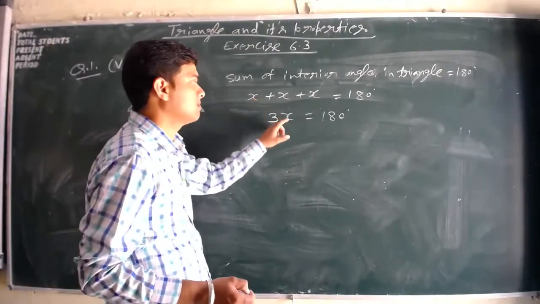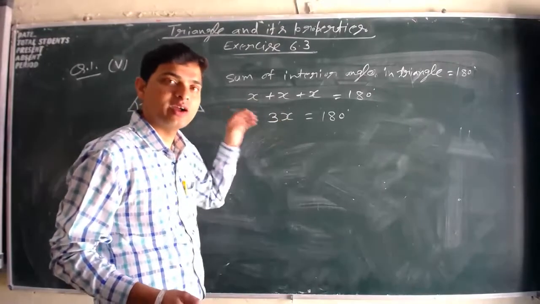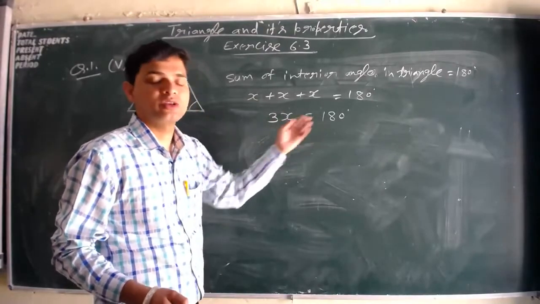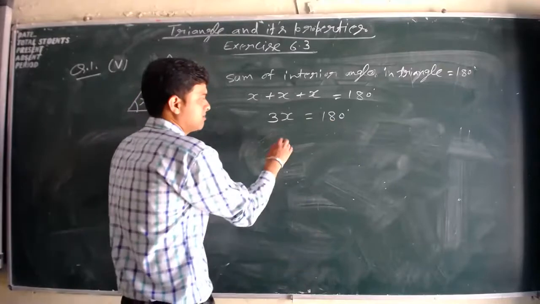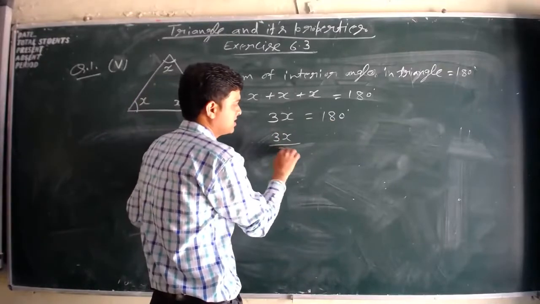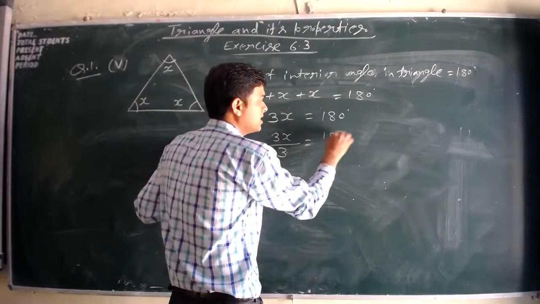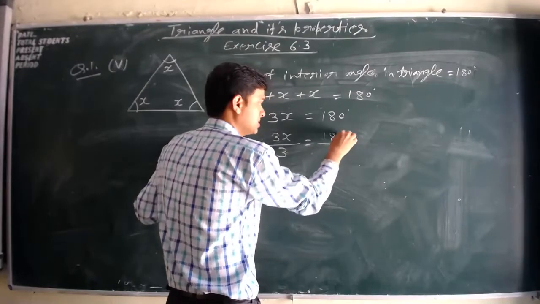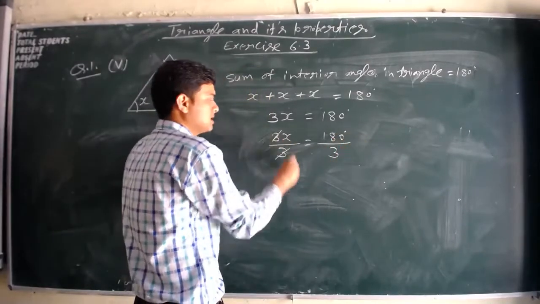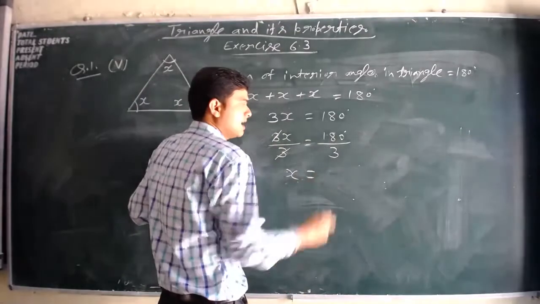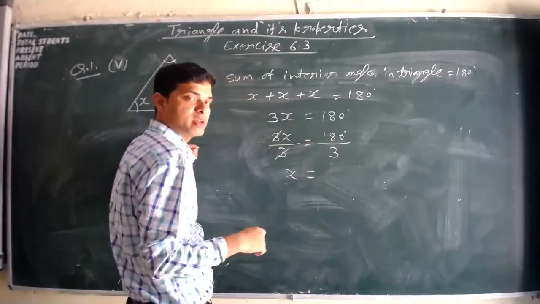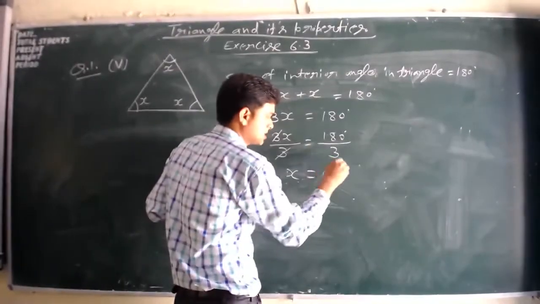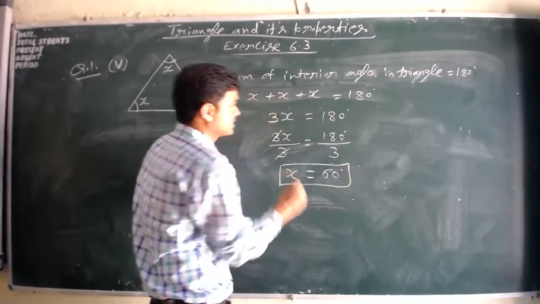We have 3 multiplied with x, so we have to divide both sides of the equation by the same number. That means 3x divided by 3 and 180 divided by 3. So the 3 cancels out with 3, only x, and 180 divided by 3 is equal to 60. That's your answer.